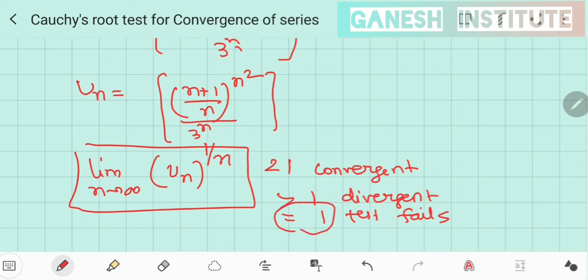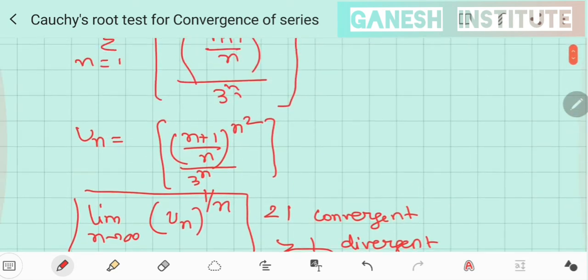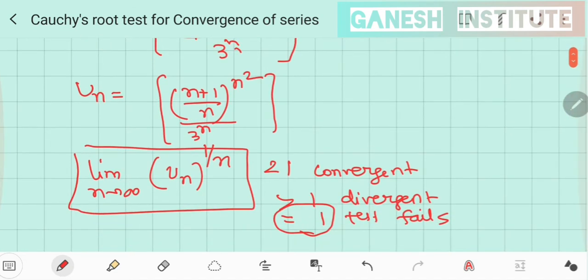Then you can go on to apply some other test, which can be Cauchy's integral test if the series is monotonically decreasing, or you can apply the comparison test, but not this one. So let's begin with this example. You have this un. Now what do we need to find out?